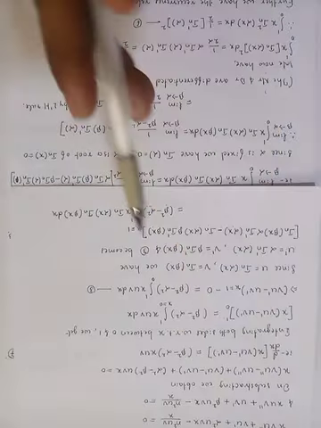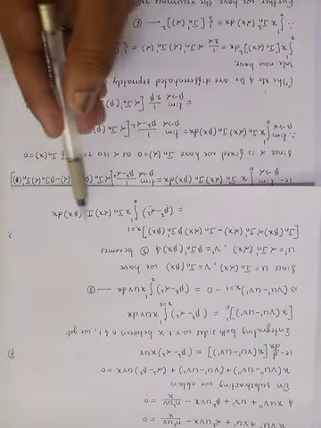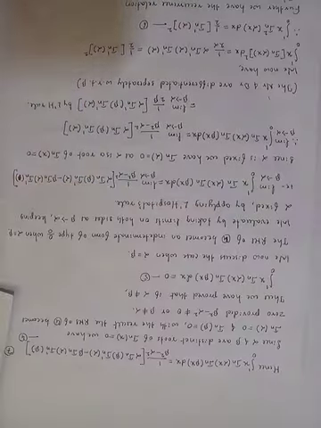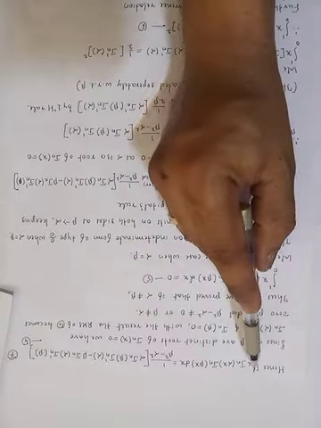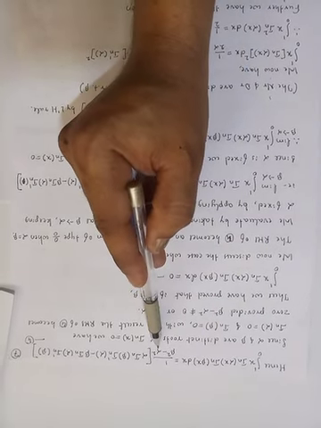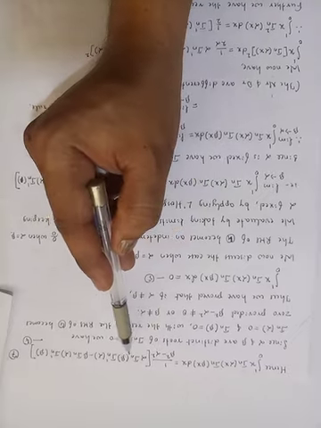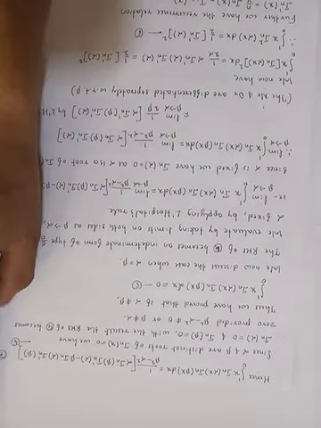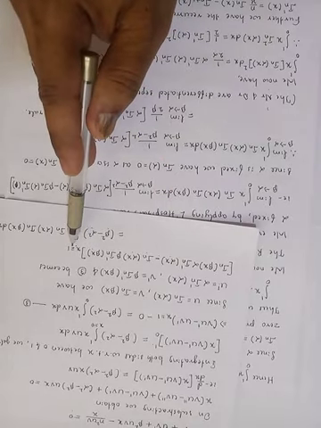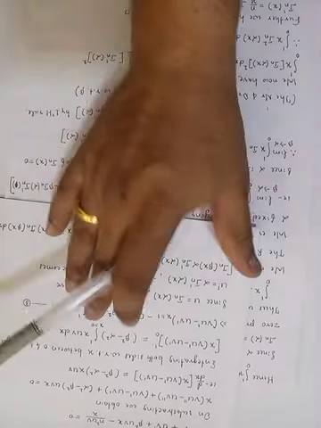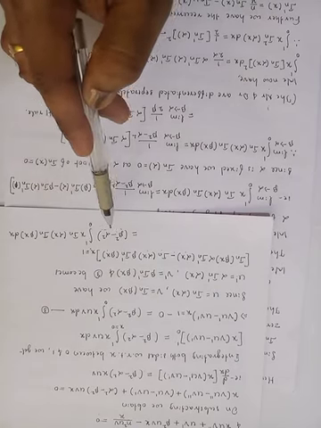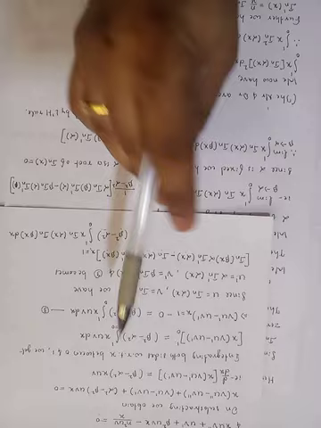From the previous page, first we write this RHS: integration 0 to 1 of x into jn of alpha x into jn of beta x dx equals 1 divided by beta square minus alpha square. In the previous part I am taking x equal to 1, writing this term on the LHS, taking this term to that side, and also taking x equal to 1 in this.